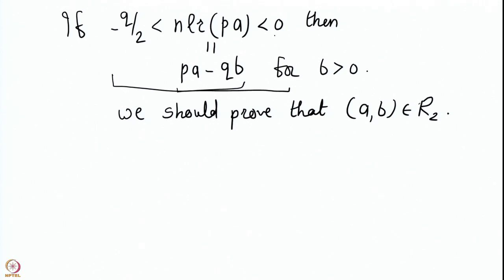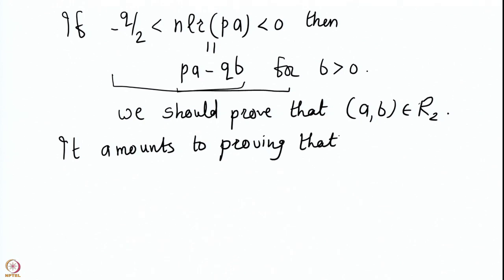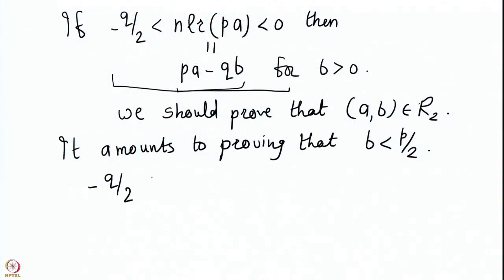But we should also prove, it amounts to proving that our b is less than p/2. The y coordinate should not go beyond p/2. That is the thing that we should prove. That is quite easy actually, because we have minus q/2 less than pa minus qb.